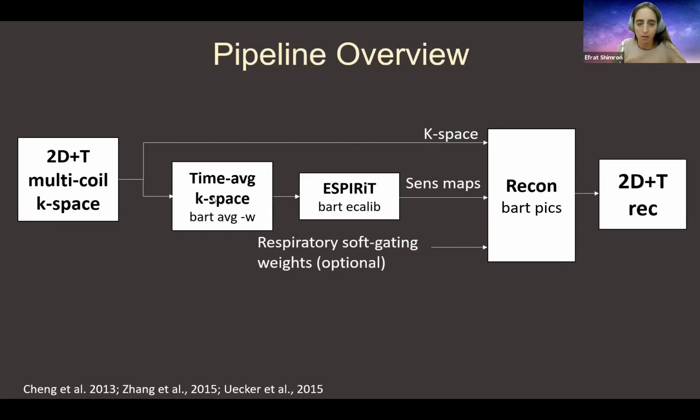And then from this time-averaged k-space data, we will compute the ESPIRiT sensitivity maps. Of course, you don't have to do it like that. There are some MRI scans in which the sensitivity maps are estimated from a preliminary scan, a low resolution scan. Of course, it is also fine to use those sensitivity maps or to estimate them in a different way. But we recommend this method. It is a very practical and useful method.